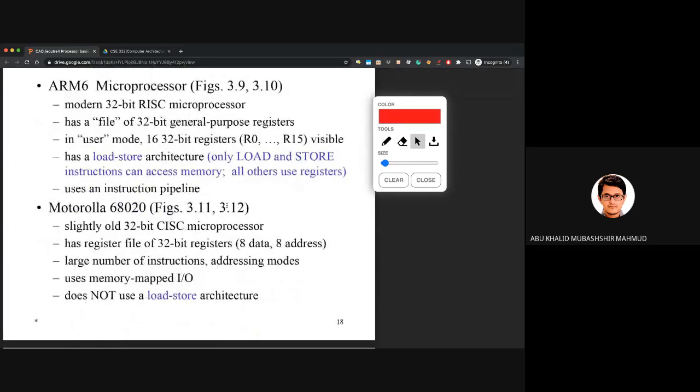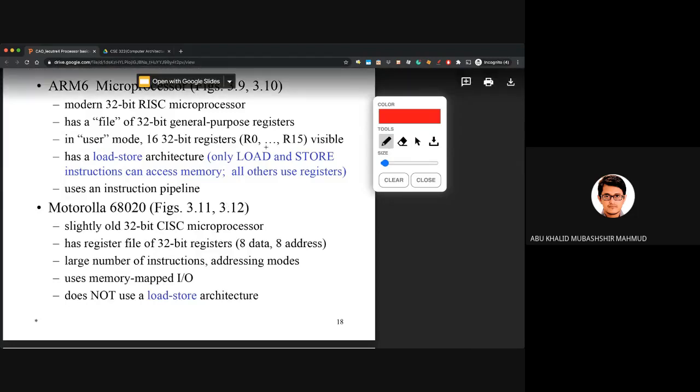And then we have this very familiar or standard microprocessor, ARM6. It is the modern 32-bit RISC microprocessor. We will go in a bit to the RISC and CISC microprocessor and the difference between them. So bear with me for a bit. The ARM6 microprocessor is the standard or very common microprocessor of the RISC type. Has a file of 32 bits general purpose registers. In user mode, 16 32-bit registers R0 to R15.